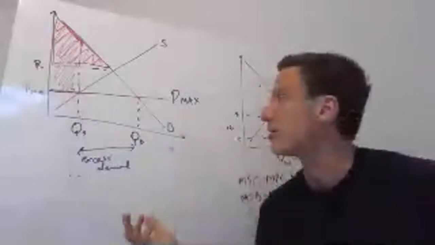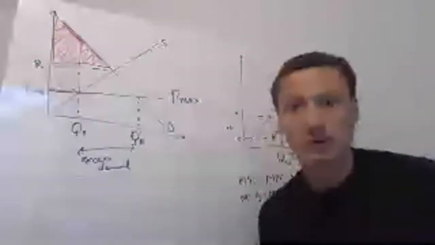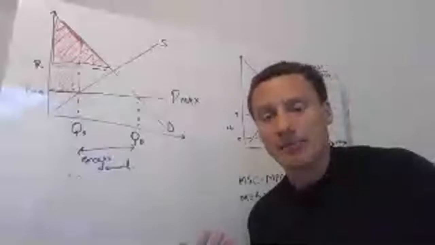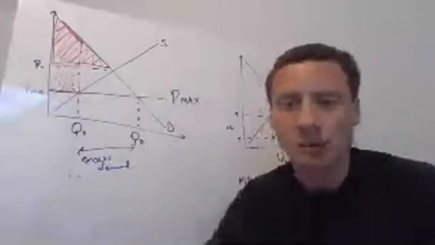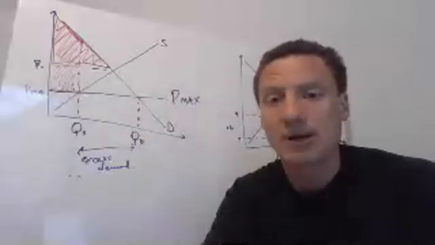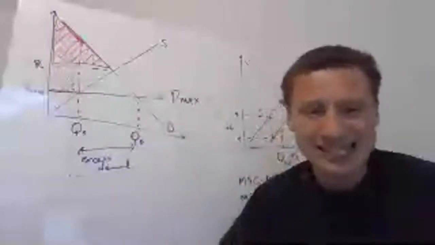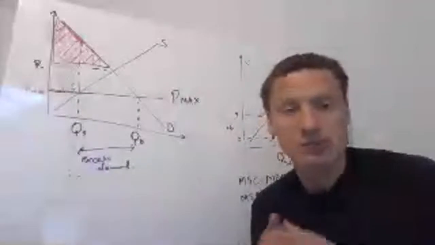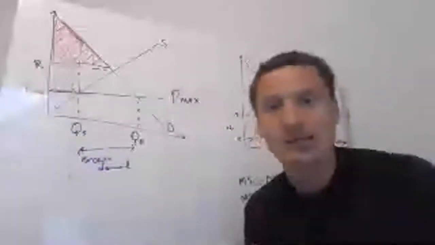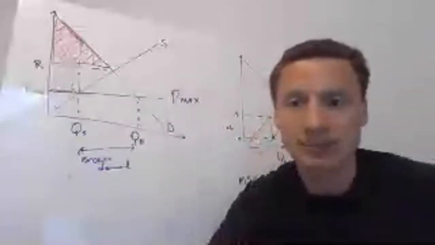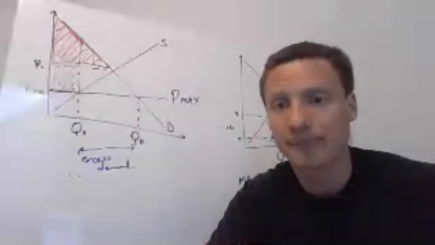In my diagram here, it looks like consumers are doing pretty well out of this. But if I'd had my Pmax slightly higher, then it probably wouldn't have been so obvious. But a lot of people just didn't do consumer surplus, and those that did forgot that consumption can't go past QS, because producers aren't willing to produce more than QS. It's not profitable for them to do that.